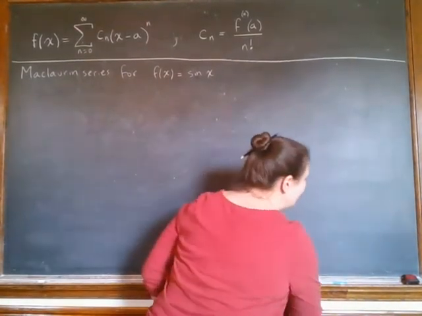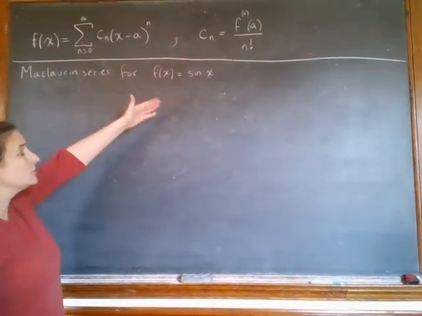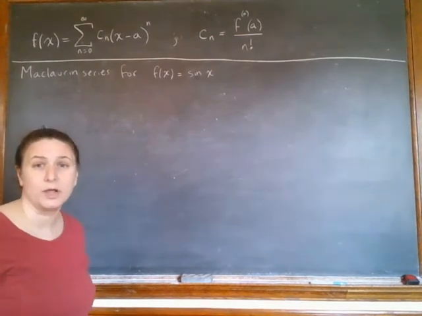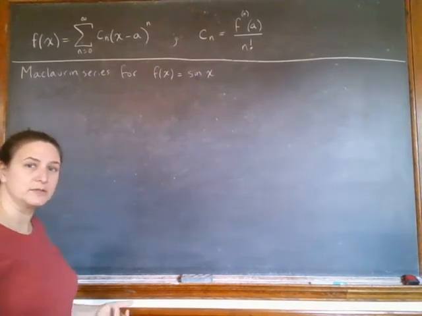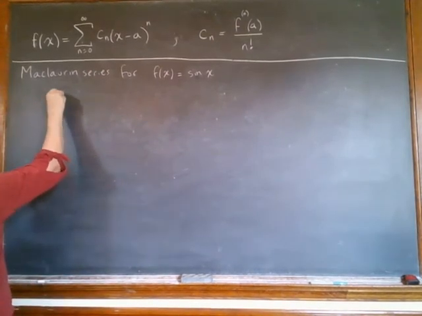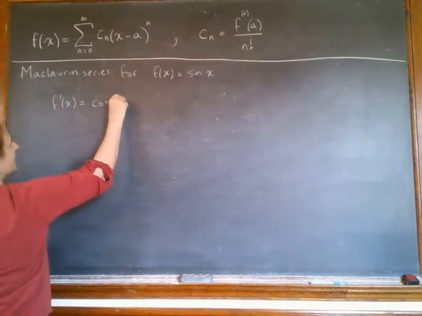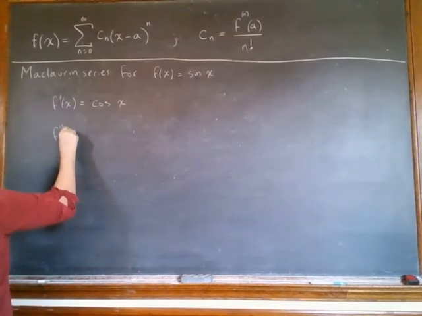So if that pattern continues, sine should be all odd powers, the way cosine was all even powers. So let's see. We're going to do exactly the same thing. Take these successive derivatives. Derivative of sine is cosine.